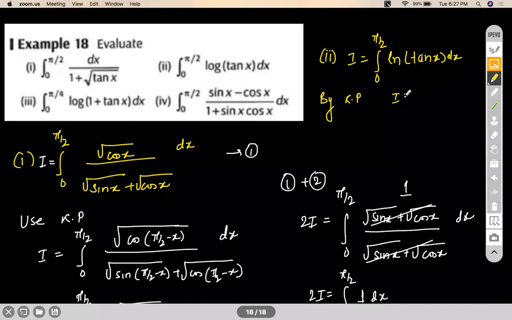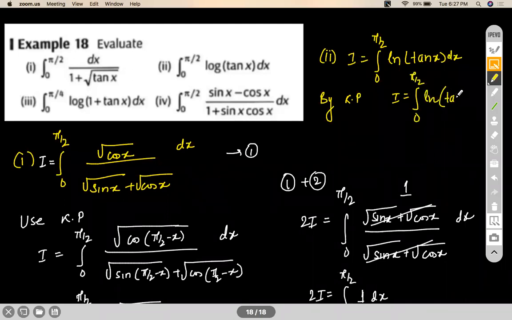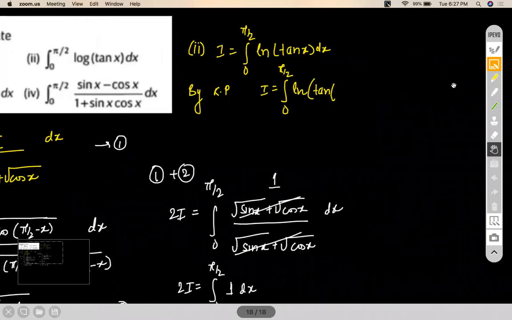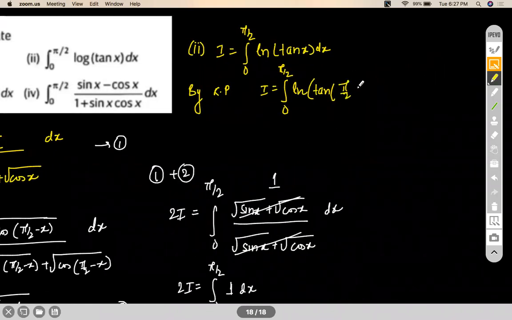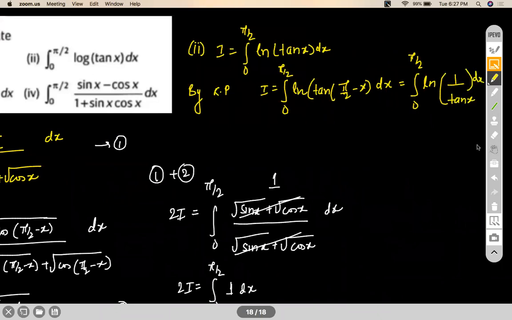So by King's property, I can also be written as 0 to pi by 2 ln tan of pi by 2 minus x. That is actually ln cot x. Ln cot x is ln of 1 by tan x. Okay.